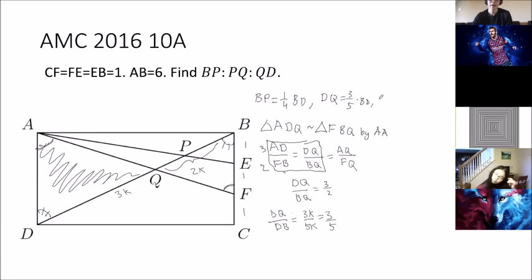So then how are we going to find out what QP is? Okay, so we know that the sum of these three, this plus this plus this, need to equal the total BD, because BP plus PD plus QD just gets you a whole BD. So this is actually 1 minus 1/4 minus 3/5 of BD.